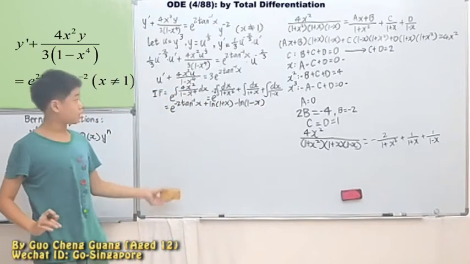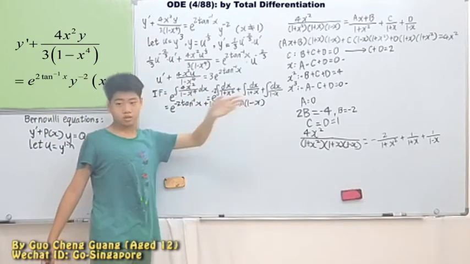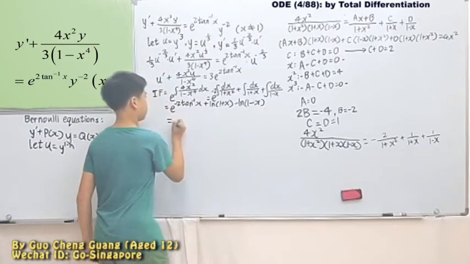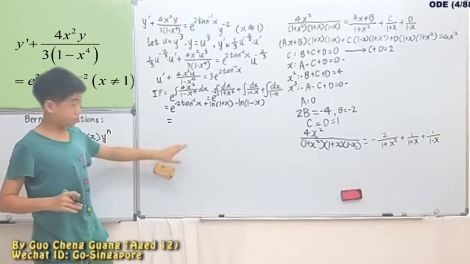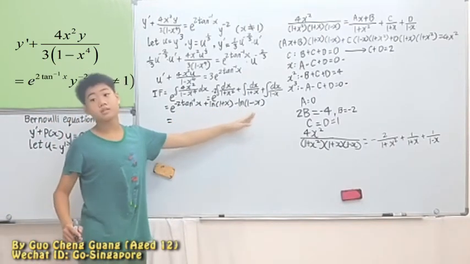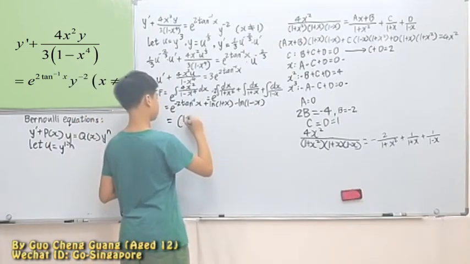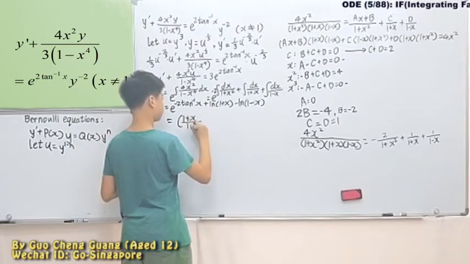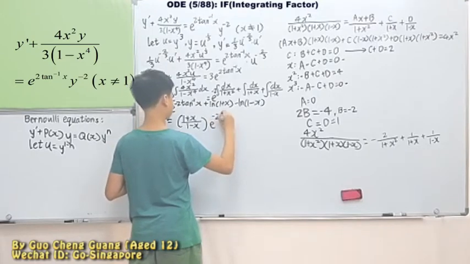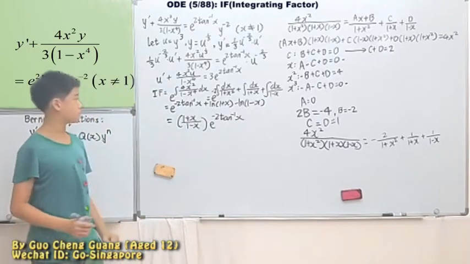But we don't need a constant because this IF is going to be multiplied on both sides. And if you add that constant, then the constant from here will just simplify. Then from here we can make little changes. For example, this ln, we can take it down here. Well, ln inside this, we first can change into a fraction. So get like this.